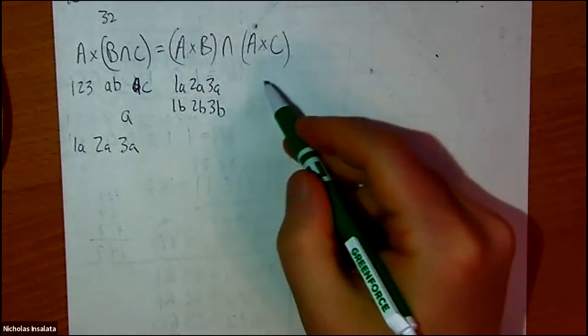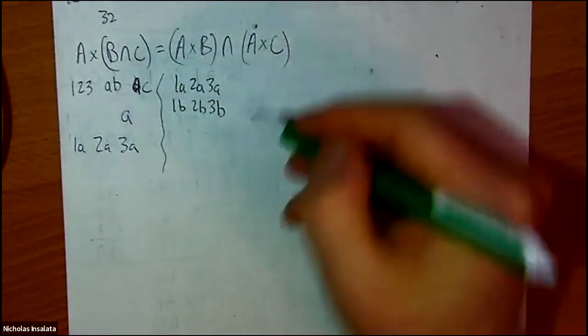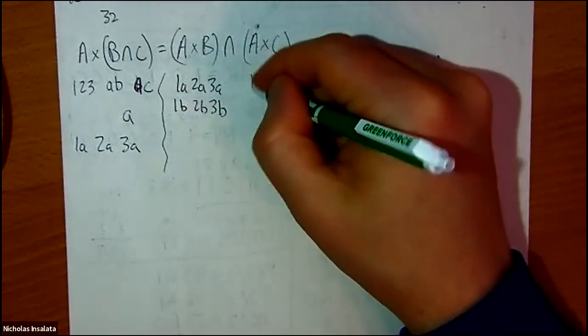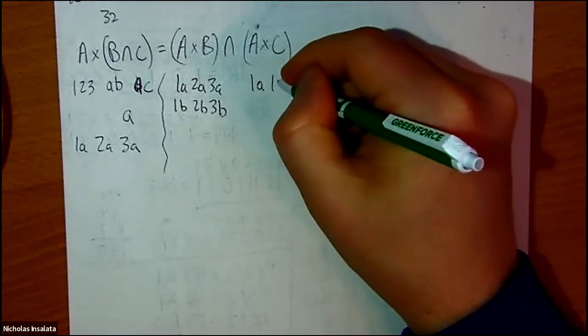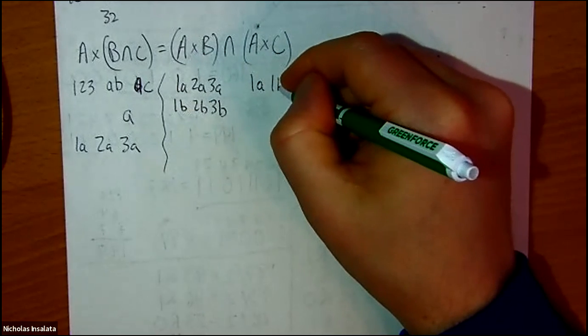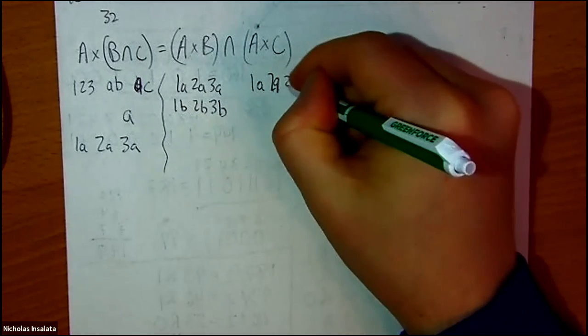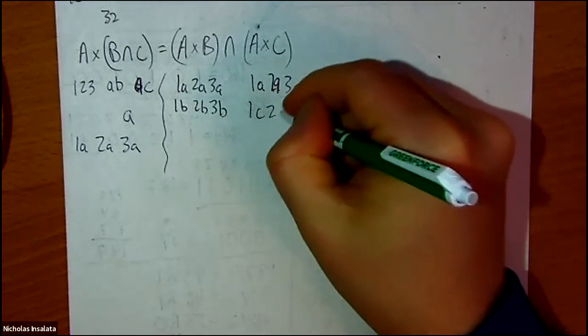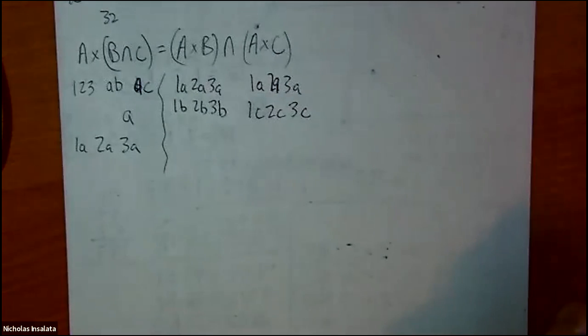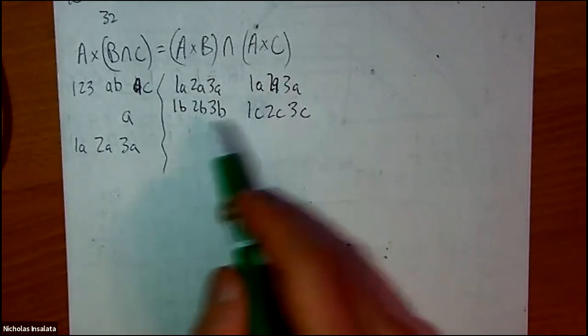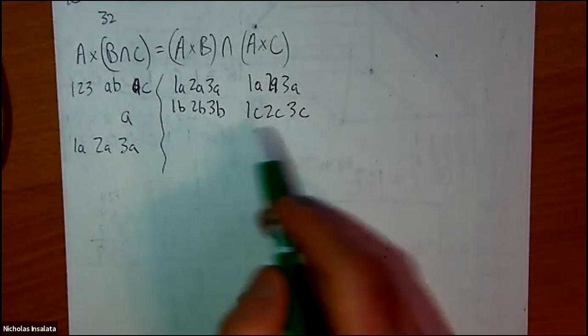Okay, and then we're going to intersect with this guy here, which will be 1A, 1B, 1A, 2A, 3A, 1C, 2C, 3C. And what do we have in common? Well, we have all of the A ones, but none of the B or C ones.